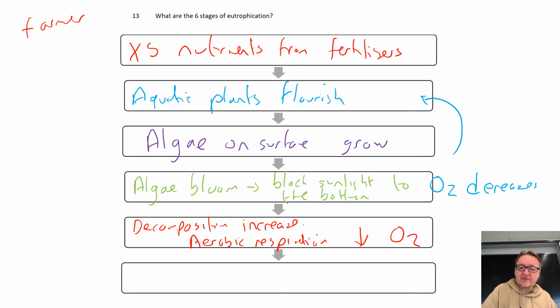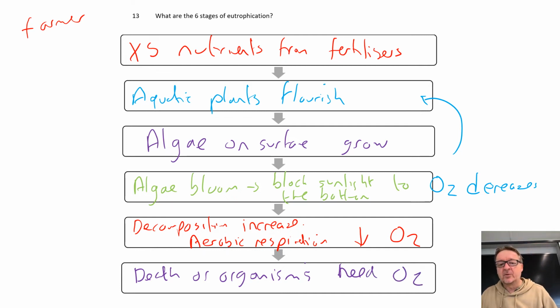And then the final part of it, I'll do this in purple, is death of organisms. So your fish, right, that need oxygen. So your fish living in the water itself, because all the oxygen's then gone, they can't get oxygen, so they die, and then eventually the whole pond or the whole lake dies.